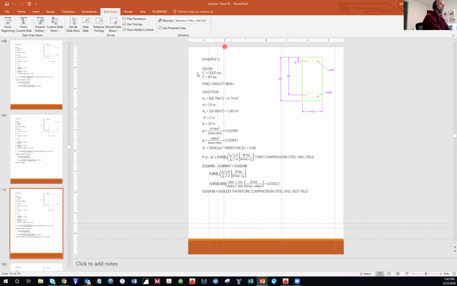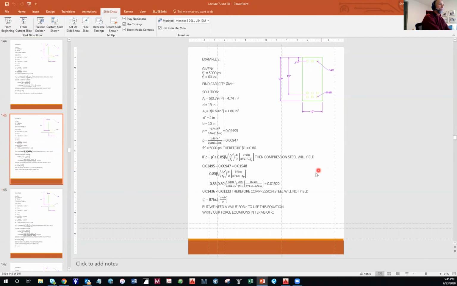So this is example 2. You can go back and study this example. But I'm glad you asked that because we kind of fragmented this lecture between these two ideas. So this is what you do if the compression steel will not yield. You need to write your equations. You have 3 forces on this section: the tension steel, the compression steel, and the compression in the concrete.